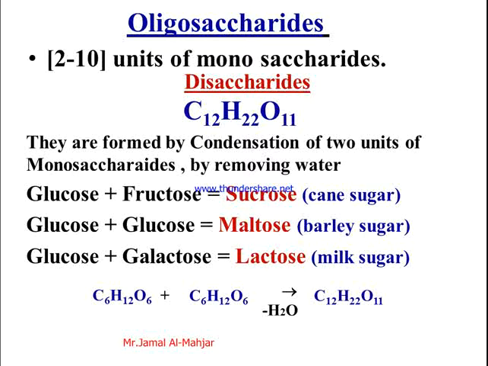And you have to notice here, all of them contain what? Yes, glucose. Start with glucose. If you have glucose, fructose, sucrose. Glucose, glucose, maltose. Glucose, galactose, lactose. By the way, this is the name lactose. It is a part of the galactose. From here, lactose.